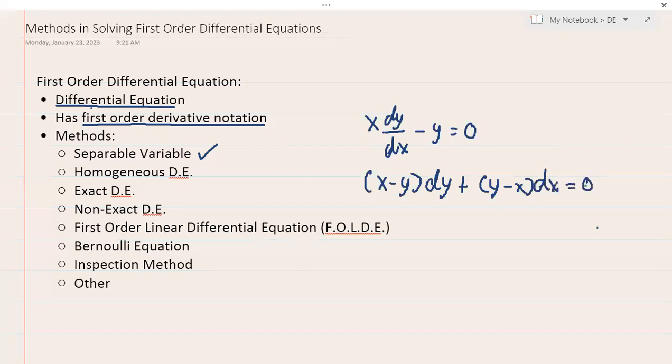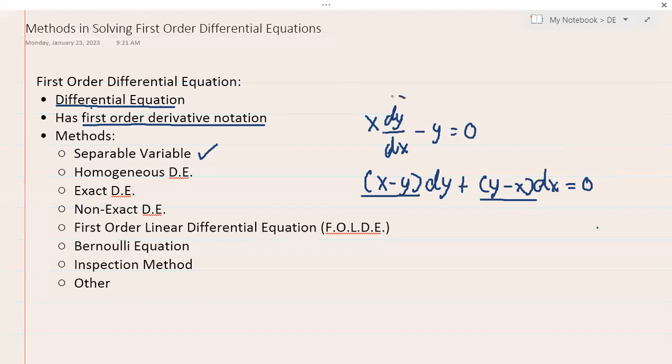Kumbaga, magkahiwalay si dy at saka si dx and meron silang kanyang-kanyang mga partner na nakaparenthesis katulad nito. Si dy may x minus y. Si dx may y minus x, di ba? So, is this homogeneous o hindi?